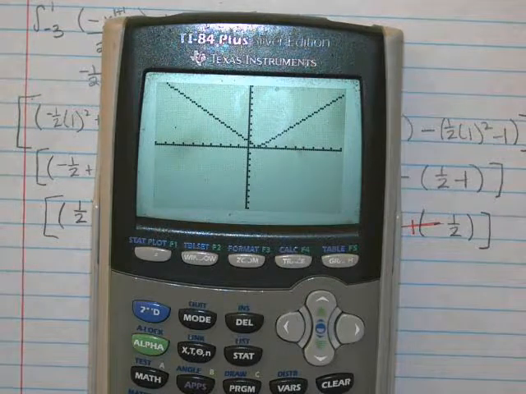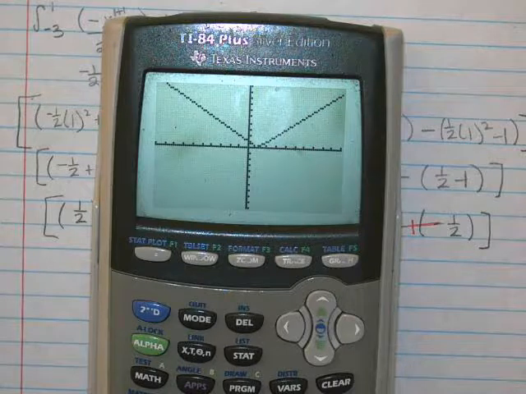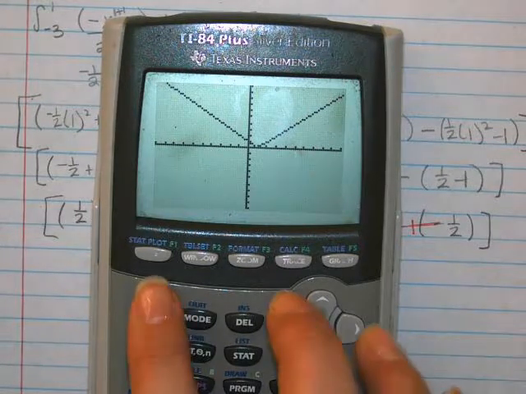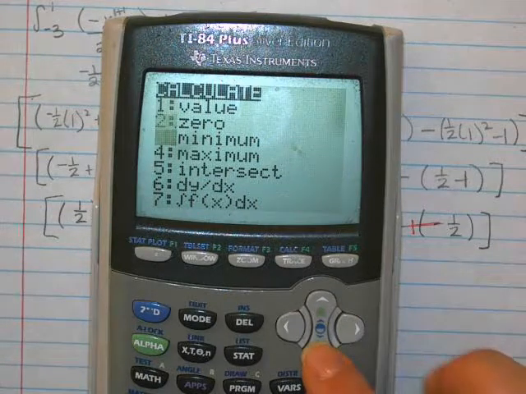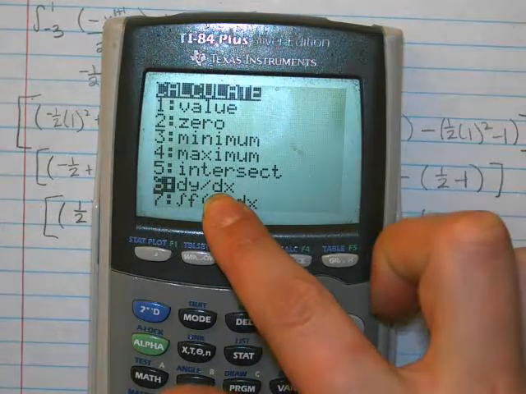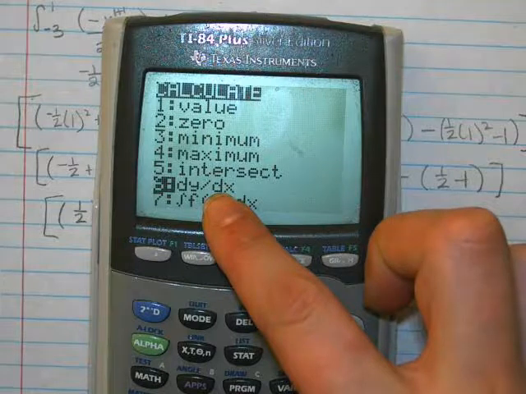Now, do you guys remember how we could find the derivative at a point? How did we get to that? We do second trace, or we do calc, and then we could go down and do dy/dx, right? We could find the slope at a point.